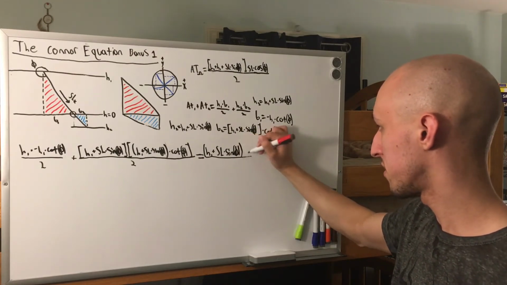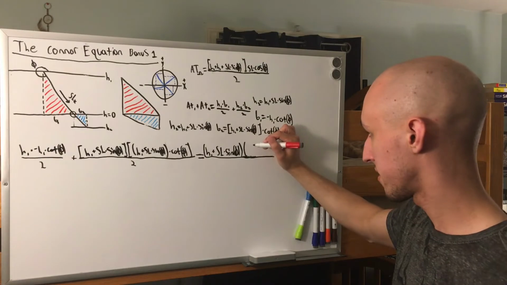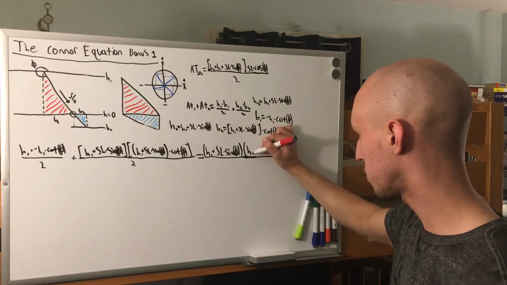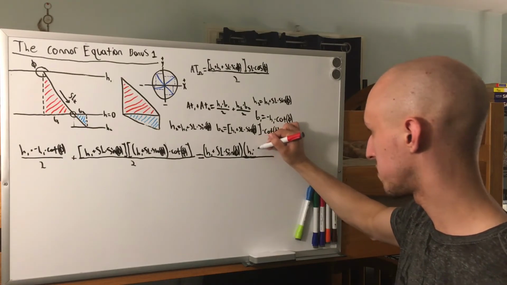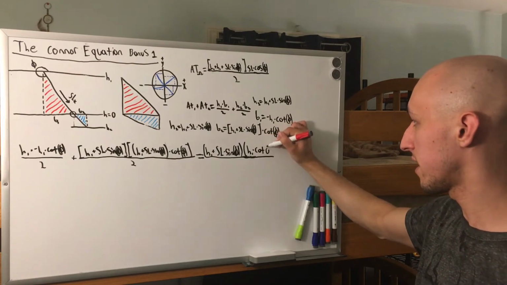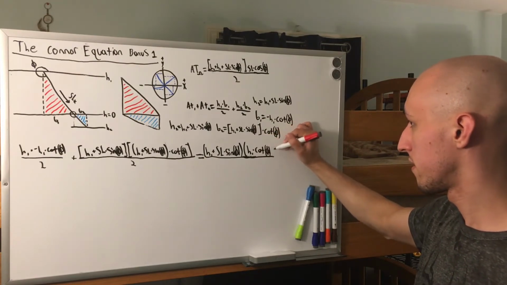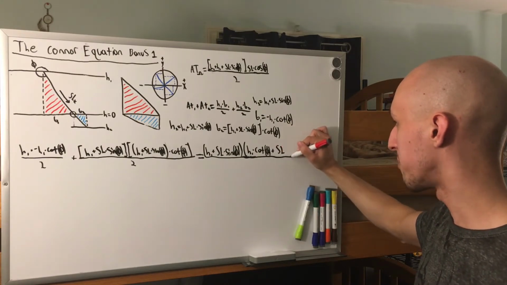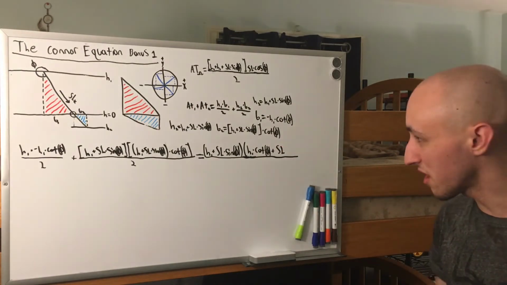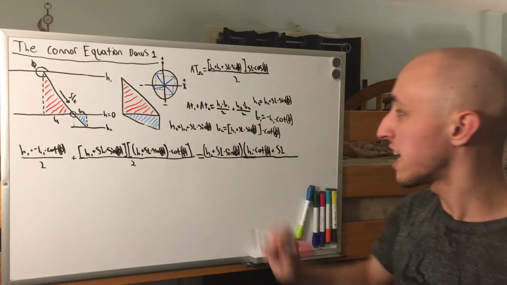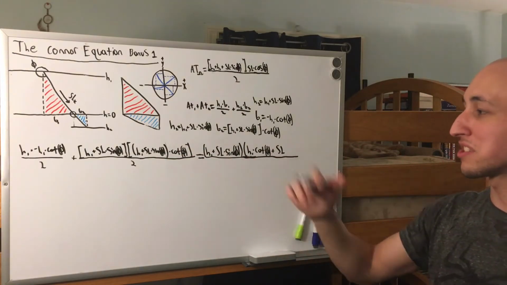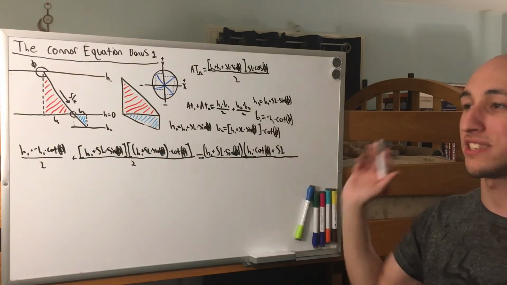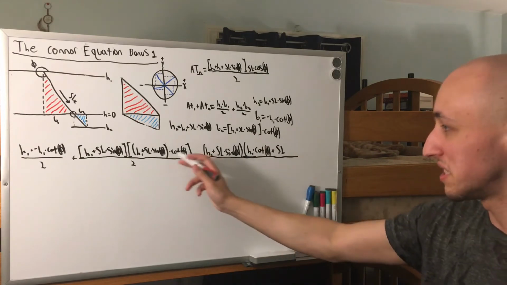Okay, close parentheses. Next, we're going to have h1 times the cotangent of phi plus SL. I'm not going to write it here for the sake of brevity. What is cotangent of an angle? Cotangent theta times sine theta, cotangent phi times sine phi, whatever. Same angle.